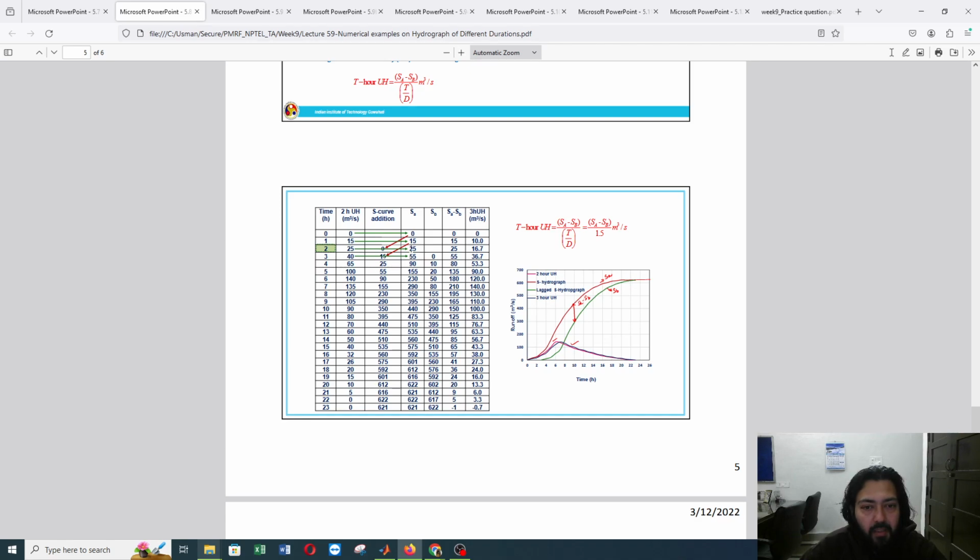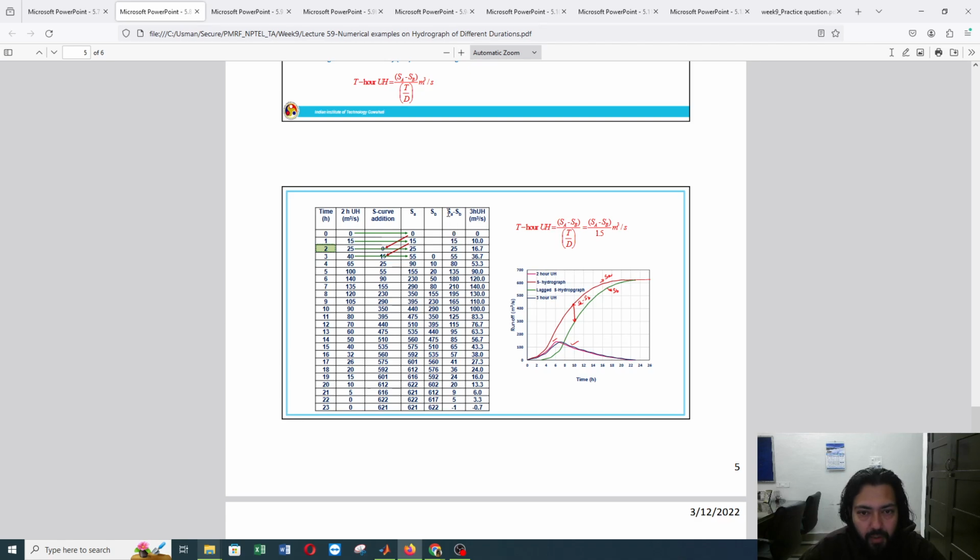After 2 hours, we simply add the 2-hour unit hydrograph plus the S hydrograph, which gives the values 55, 65, 25, 90. Then SB is obtained by taking a time lag of TR, that is 1 hour. Then we calculate the difference between SA and SB, that is SA minus SB.